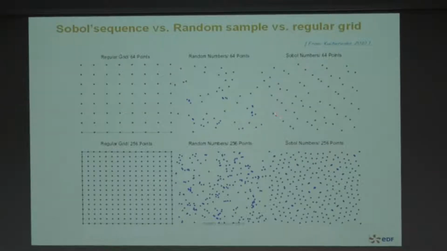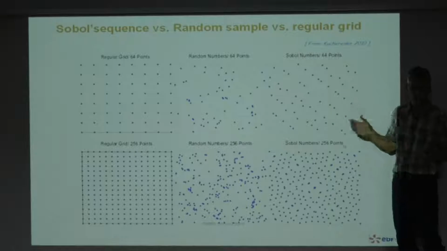So what do you see between this figure and the other? With respect to a Monte Carlo sequence, you have a kind of regularity. But with respect to a regular grid, you have a kind of randomness. So it's a mix between regularity and randomness. And it's a uniform sequence.